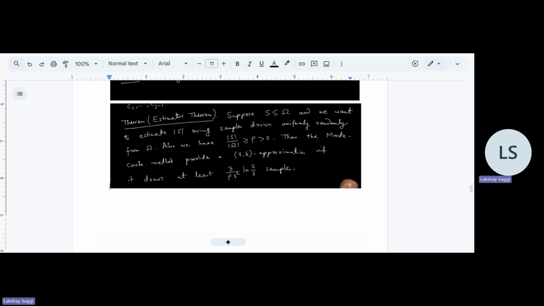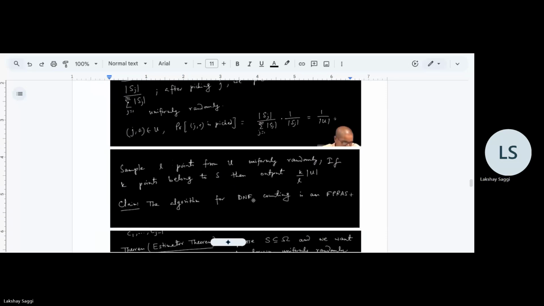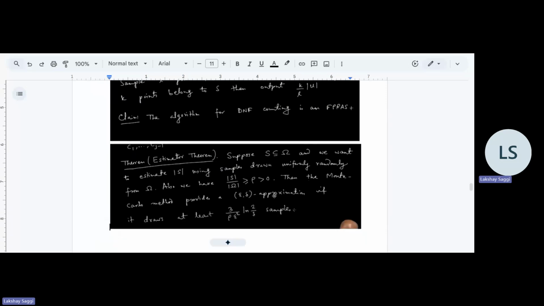But for proving this claim, there was another really important theorem which was discussed in the lectures, called the estimator theorem. Essentially, what this estimator theorem says is that suppose we are given a sample space omega and some subset S from that omega, and we want to estimate the size of S using samples drawn uniformly randomly from omega.